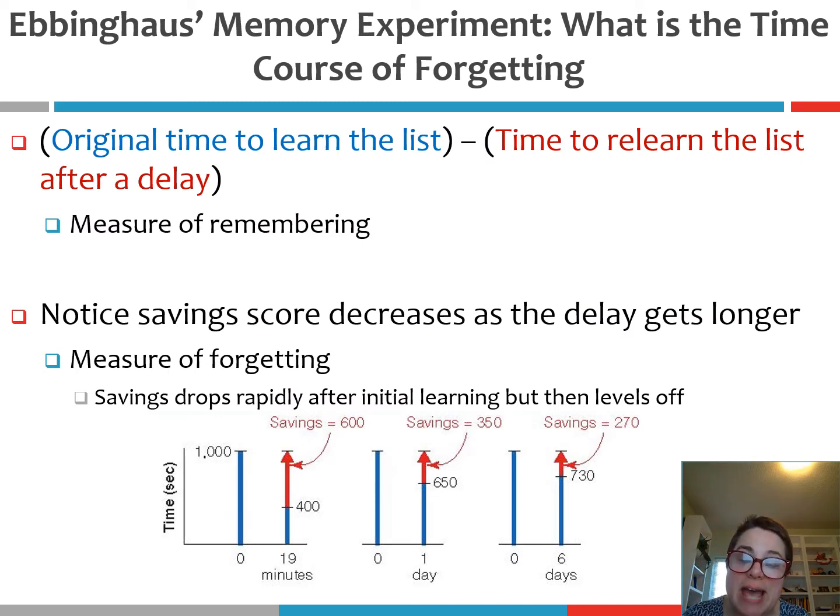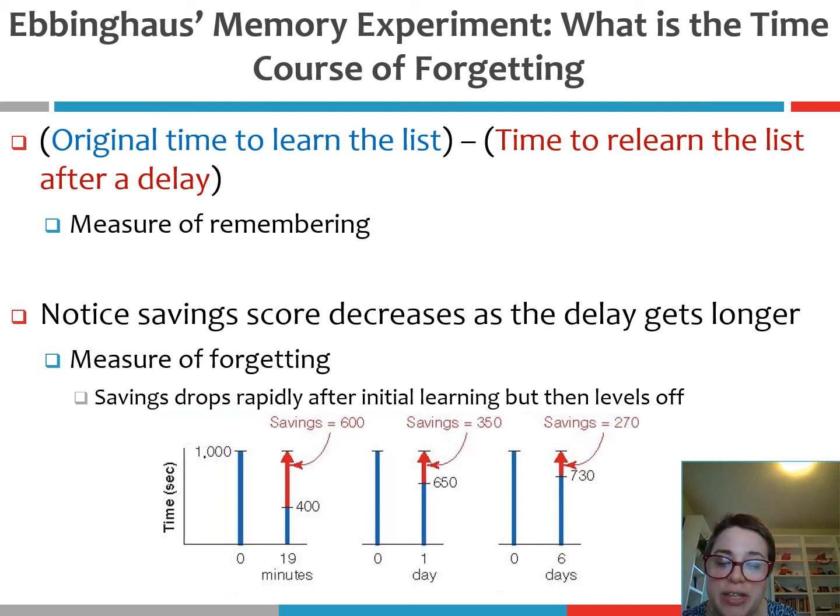So what did Ebbinghaus do with this information? Well, he basically did the same thing that I worked through with you guys in the first example. So he compared the time that it took him to first learn the list to the time it took him to relearn the list after a delay, and that gave him his savings score, right?